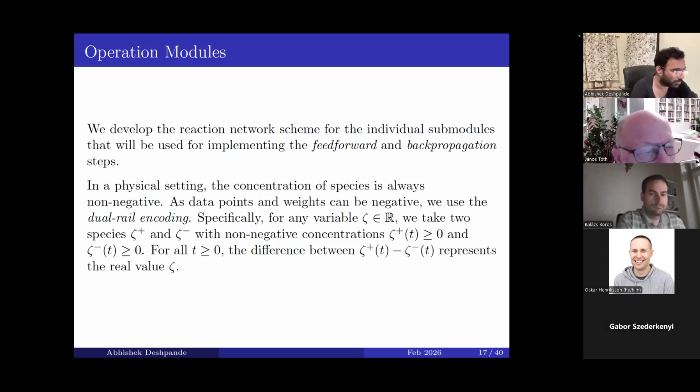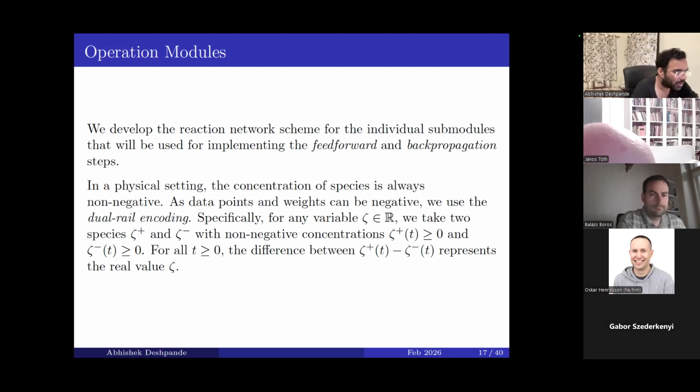For that, we use a trick called the dual rail encoding. In particular, it means that for any real variable, any zeta in R, we take two species, zeta plus and zeta minus, with non-negative concentrations, right? Because concentrations of chemical species can always be non-negative, such that the difference of zeta plus and zeta minus will represent the real value zeta.